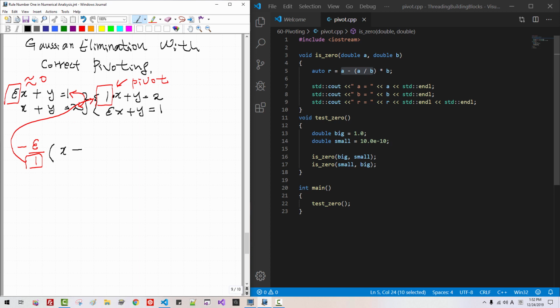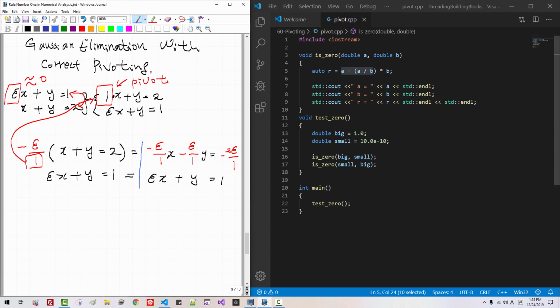Multiply (x plus y equals 2) by minus epsilon over 1, then we have minus epsilon x minus epsilon y equals minus 2 epsilon. And this equation, epsilon x plus y equals 1.